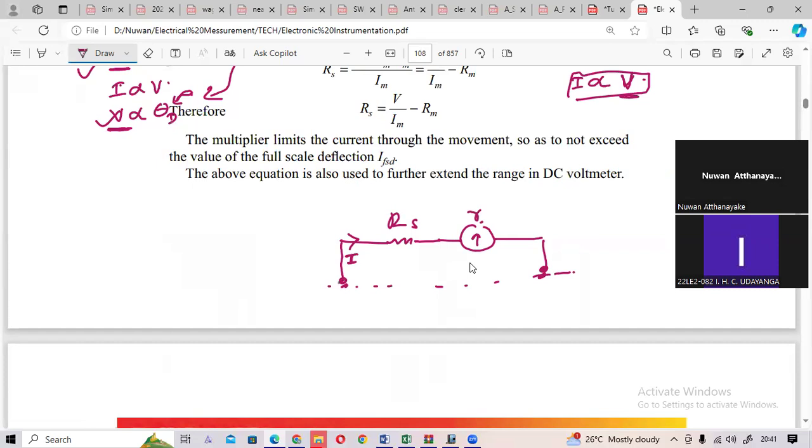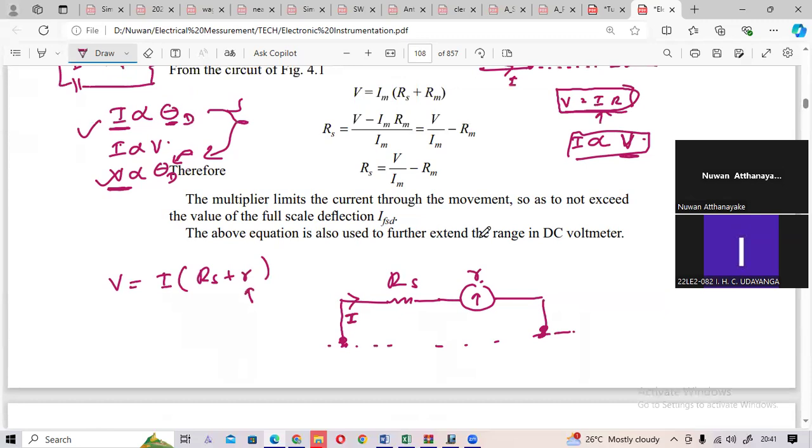So the total voltage between the terminals will be V equals I times (RS plus R internal). This is Ohm's law.